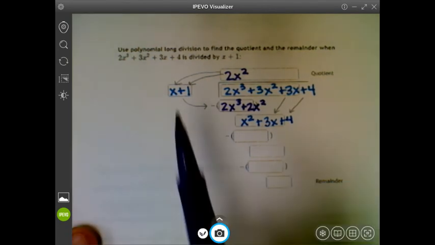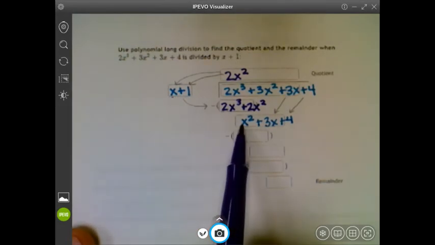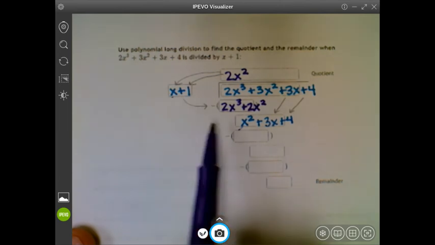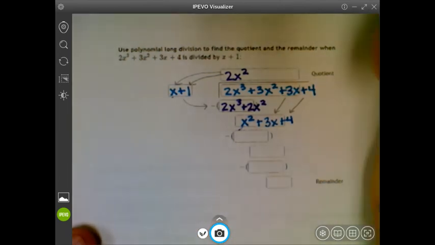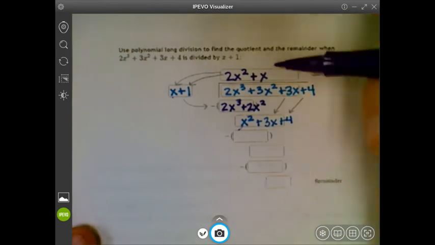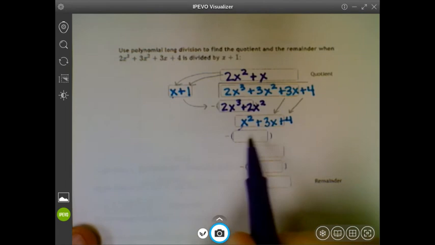So you're going to go back to your x plus 1 and ask yourself, x plus 1 times what is x squared? It's not so much about the plus 1, it's about the x. x times what is x squared? That would be times x. So plus x up here in your quotient. You're going to multiply again, and put those answers in this next available line.